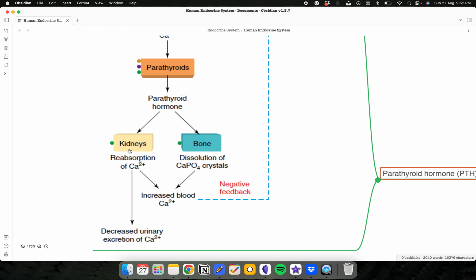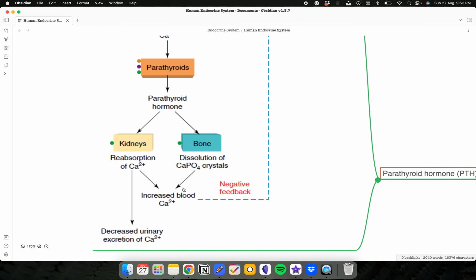How? It acts on the kidneys and causes reabsorption of calcium, so that there is decreased urinary excretion of calcium and increased blood calcium. Since there is decreased urinary excretion and increased reabsorption of calcium, obviously the blood calcium level will increase. Also, parathyroid hormone acts on bone and causes dissolution of calcium phosphate crystals of the bone, so that the calcium from the bones is now present in blood.